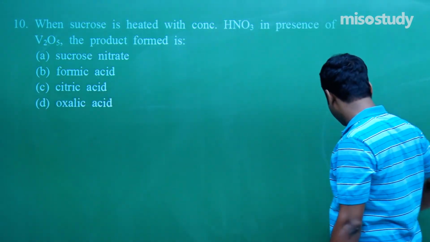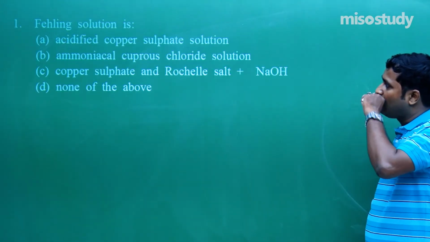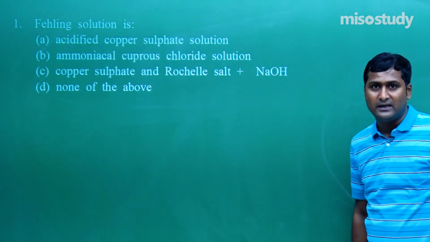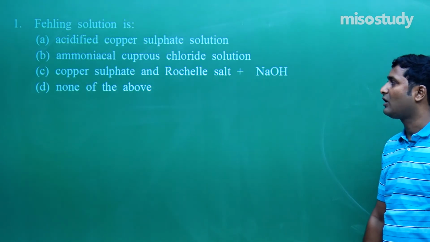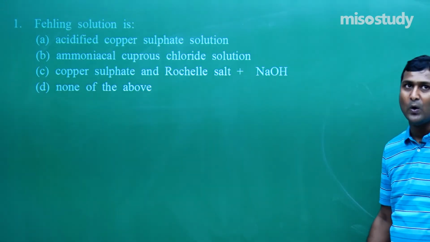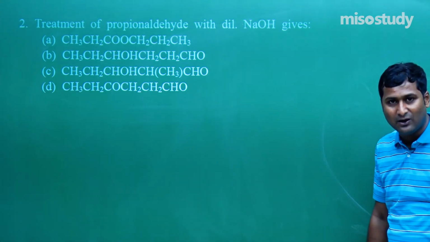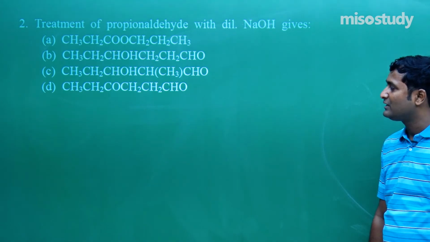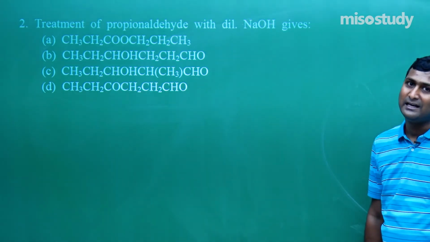Now let's move to the revision. We'll revise the things again. What will happen? Check it out. For question number 1, tell me what is Fehling solution. It's very easy. The Fehling solution is copper sulfate and Rochelle salt plus NaOH. Now, what is the treatment of propanaldehyde with dilute NaOH? As I told you, the product is CH3CH2CHOHCH3CHO.